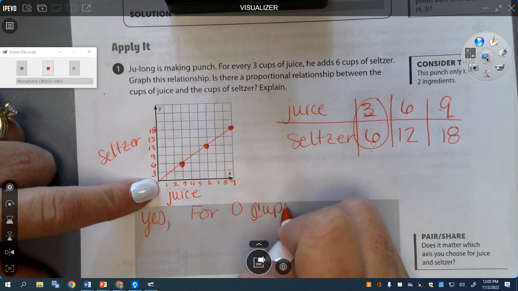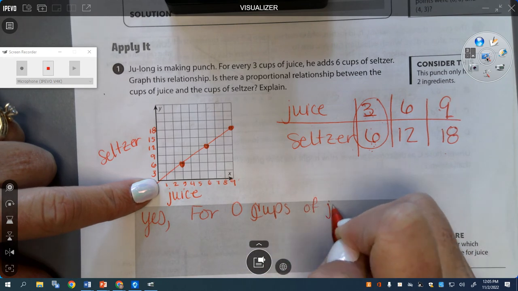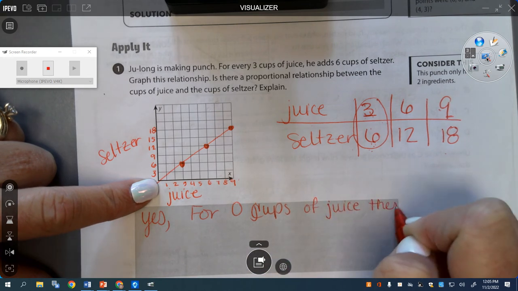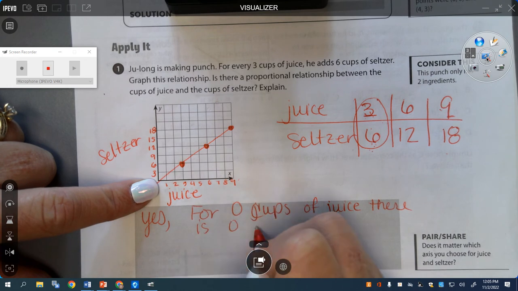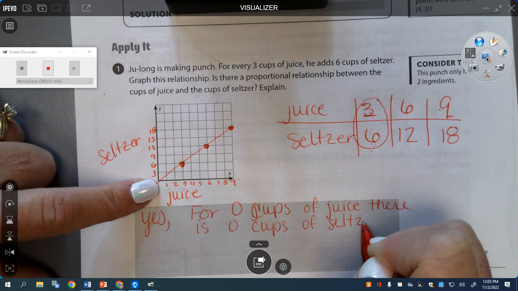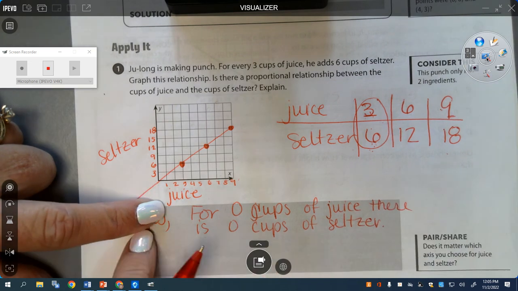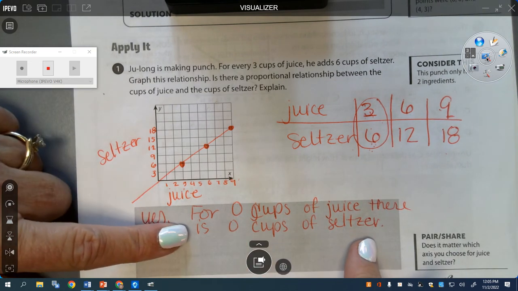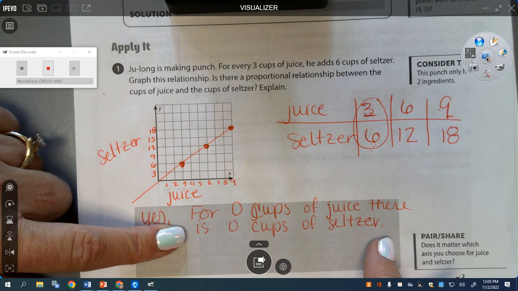Yep, for 0 cups of juice, there is 0 cups of seltzer. Perfect. But we're not done, because that only tells us why it goes through 0, 0. We have to explain why it's a straight line.